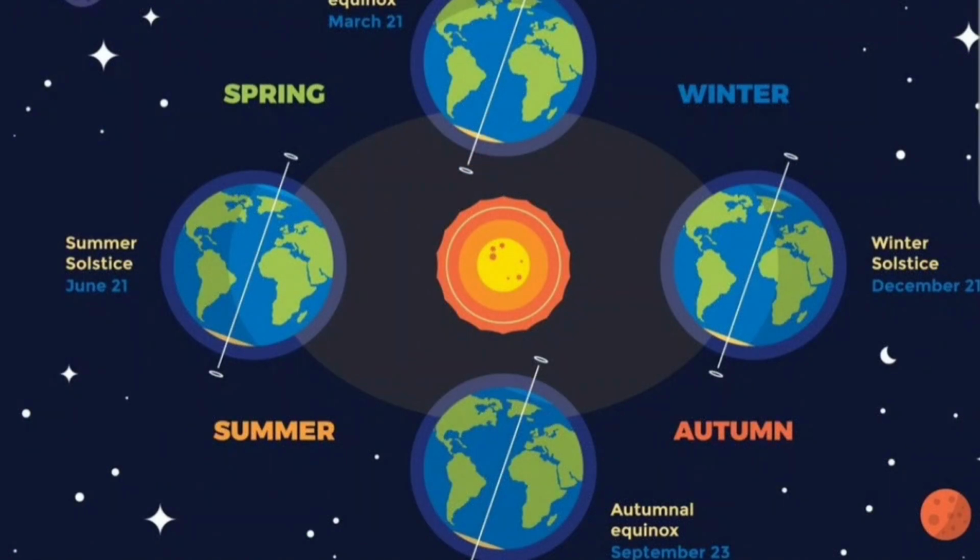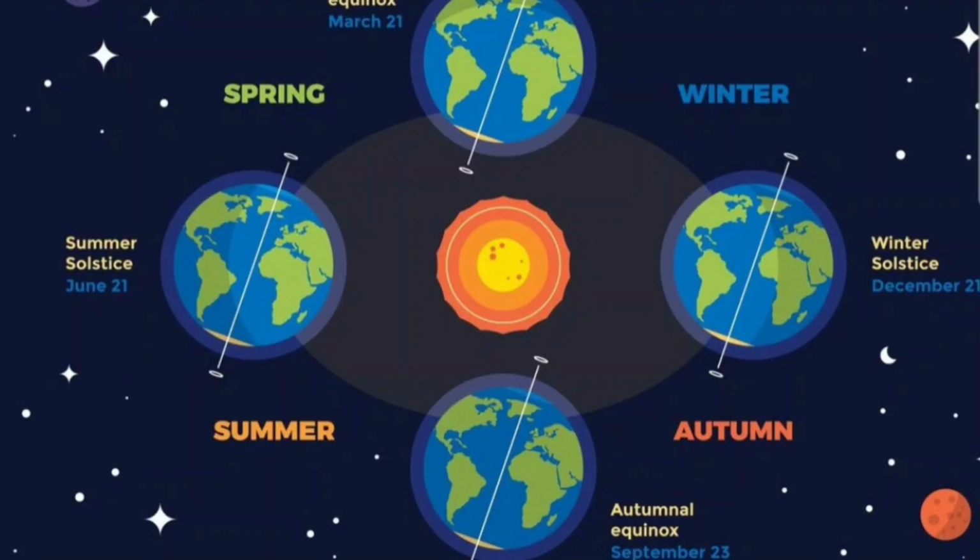Now, the reason why we have days is due to a rotation. Now, the moon doesn't have a rotation, and that means it's tightly locked to something, which means it doesn't rotate. But the Earth does, which is why we have day and night cycles. A rotation refers to an object's spinning motion about its own axis.